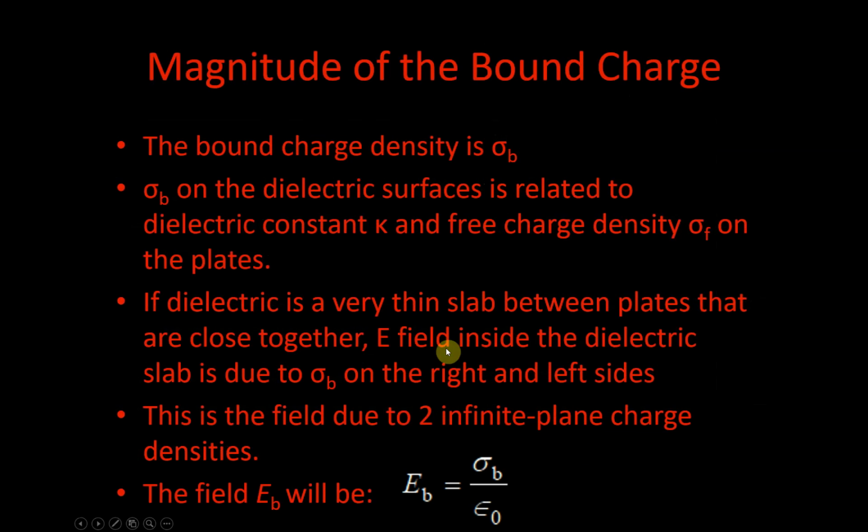And if the dielectric's pretty thin, which we are usually going to assume it is, we will end up with the equation where the electric field EB is now influenced by how much charge is bound, so we end up with the bound charge sigma B on the surface divided by epsilon 0, which is our original permittivity of free space. So yet another definition here, but this only refers to the specific case of the bound charge on a dielectric.